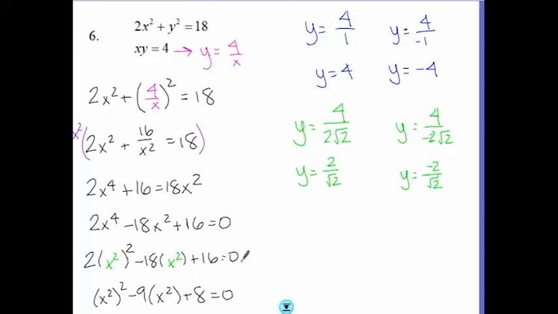Then I need to rationalize the denominator. So I need to multiply both the numerator and denominator by square root of 2. So this will give me y equals 2 square root of 2 over 2, and y equals negative 2 square root of 2 over 2. And then I can cancel out the 2's, so I end up with square root of 2 and negative square root of 2.